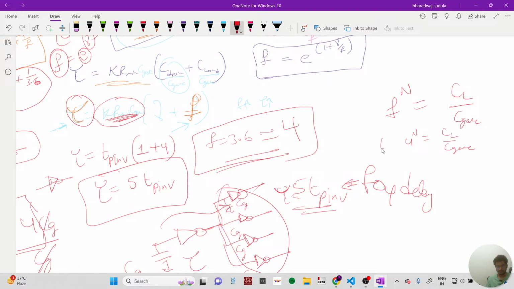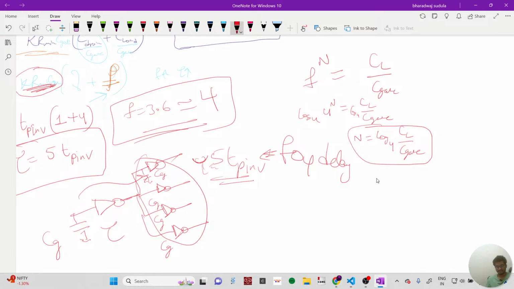So if I take log base 4, n is log base 4 of CL by C gate. So if I want minimal delay, I need to have fan out 4. If fan out is 4, then number of stages will depend on this thing.